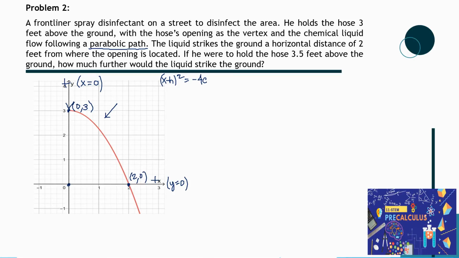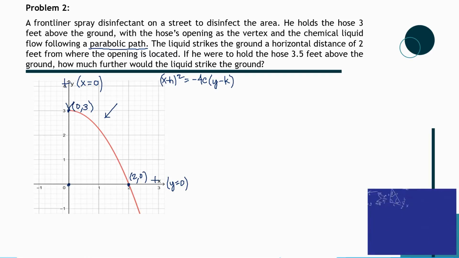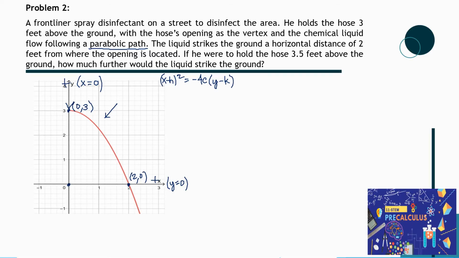And then all we have to do is substitute the vertex and the point to our equation to solve for the variable c, which is still unknown.